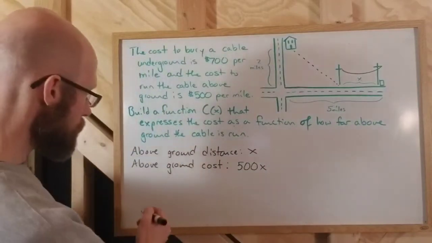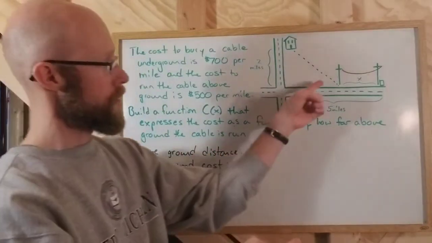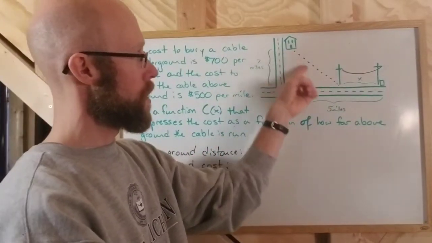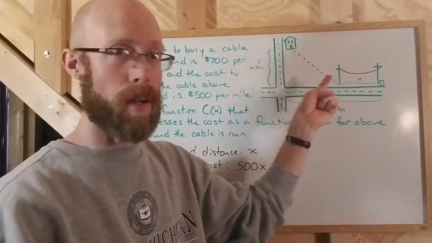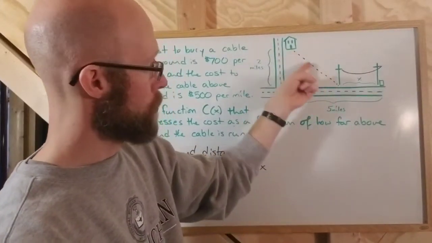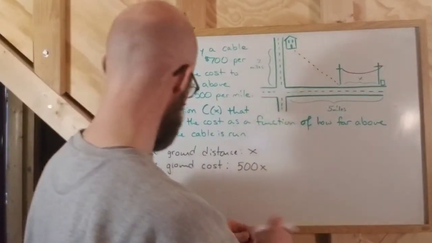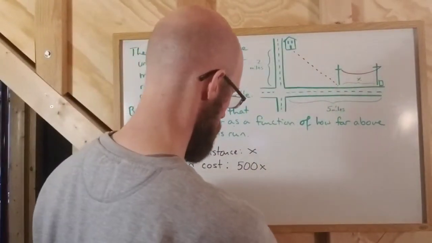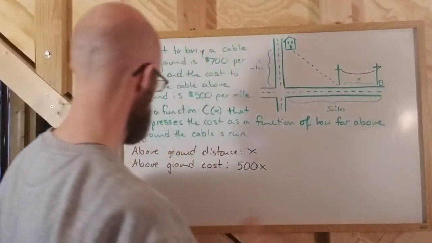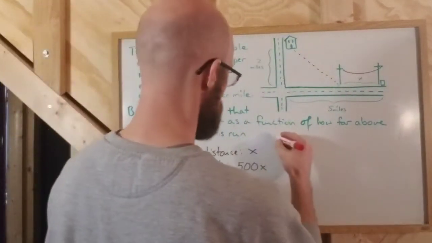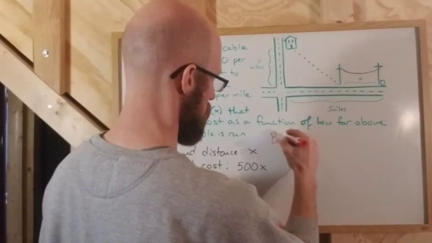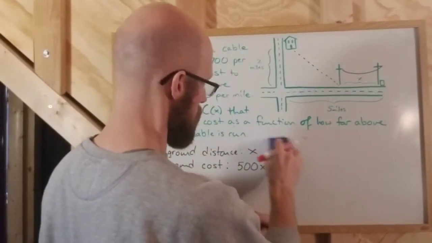Okay. Now below ground, the distance is found using the Pythagorean theorem, right? This is a distance formula kind of problem because we're going on a diagonal here. So let's use a different color for that.